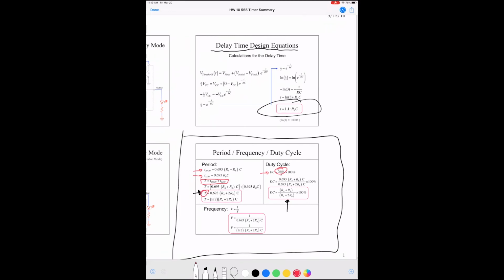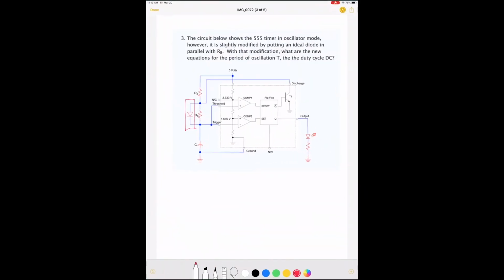And so what we need to do is figure out what is going to change in these two equations that will affect these derivations. So let's go back to this. The couple things that you need to know is that T high uses the resistance normally in the equation RA plus RB, and you will notice that in the equation.